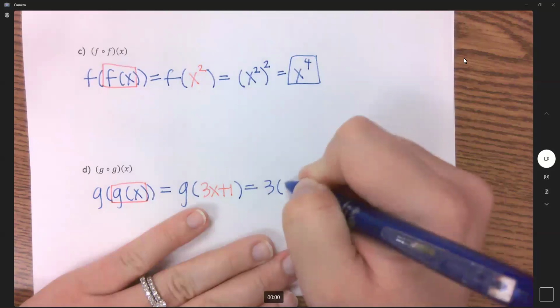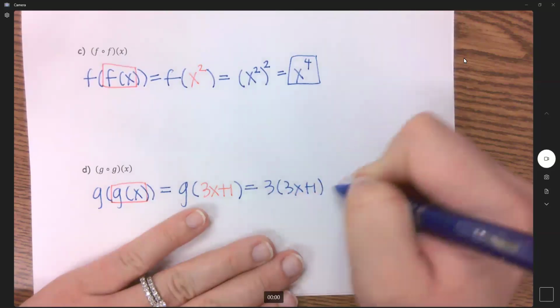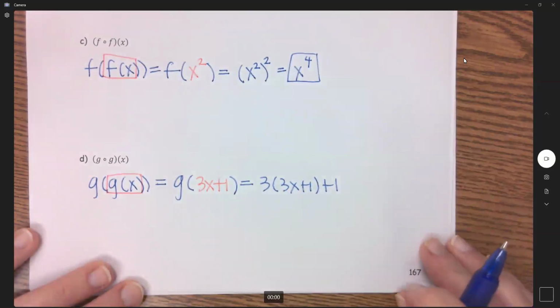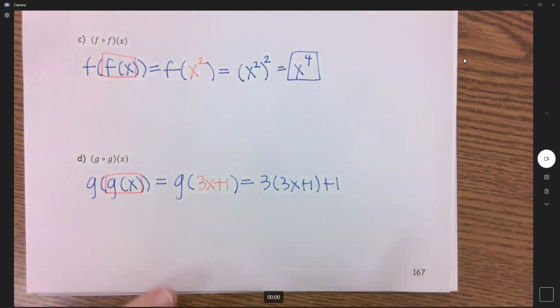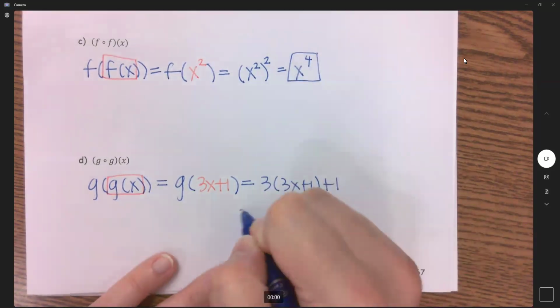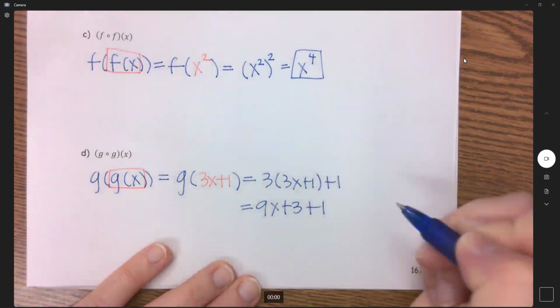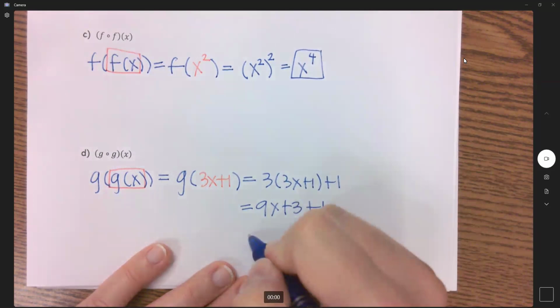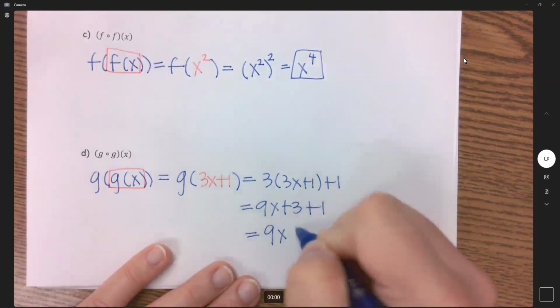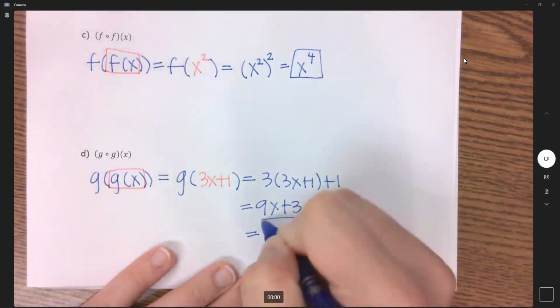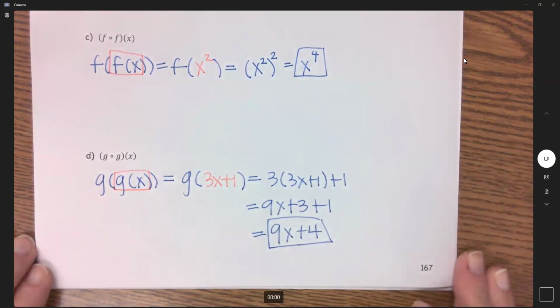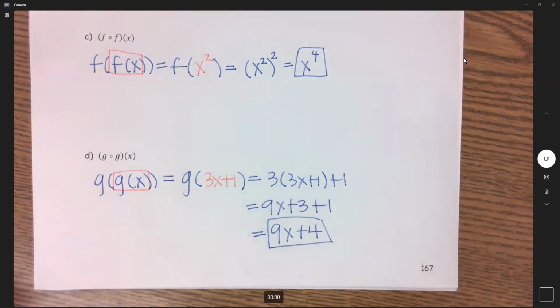So 3 times (3x plus 1) plus 1. We can do a lot more simplifying to this one. Let's distribute that 3 to get 9x plus 3. Bring down your plus 1. And now we have like terms. So we get 9x plus 4.